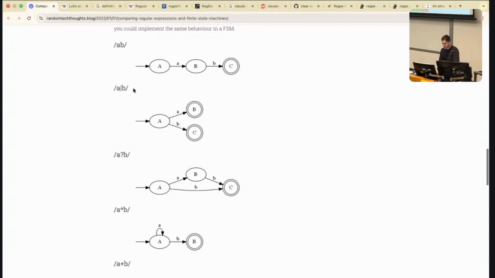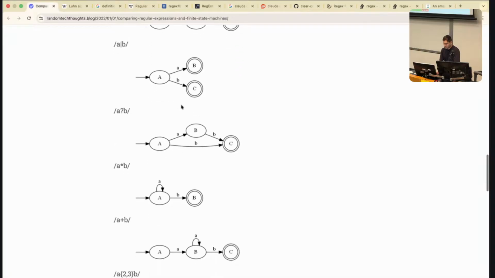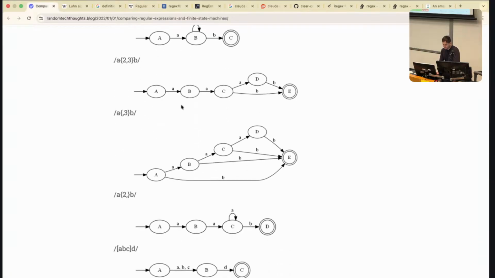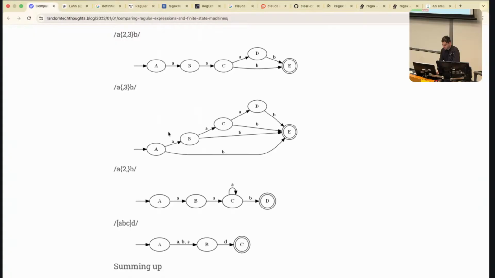But if you look at something like A or B, you have step 1, it could be A or it could be B, and that's it. So that would be a single character. But you can see they get more complicated. Now what's a curly brace in it? It's the amount of repetitions.